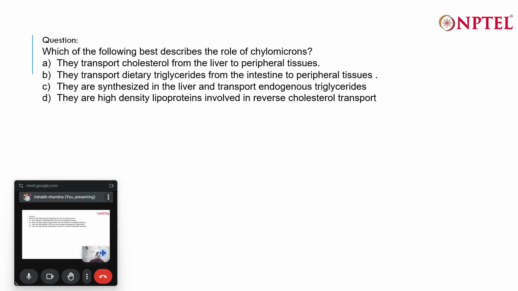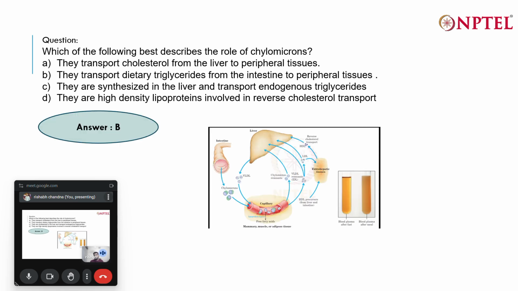They transport dietary triglyceride from the intestine to the peripheral tissues. They are synthesized in the liver and transport endogenous triglycerides, or they are high density lipoproteins involved in the reverse cholesterol transport. So the correct answer is option B.